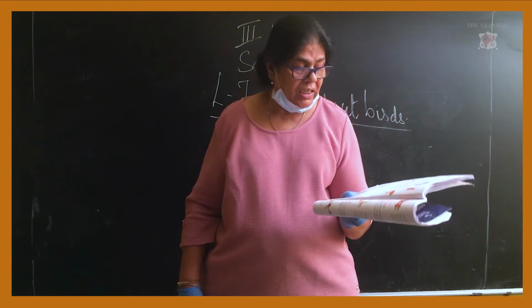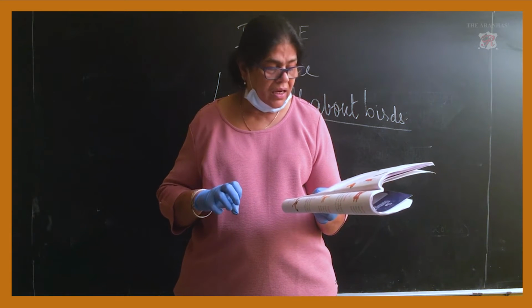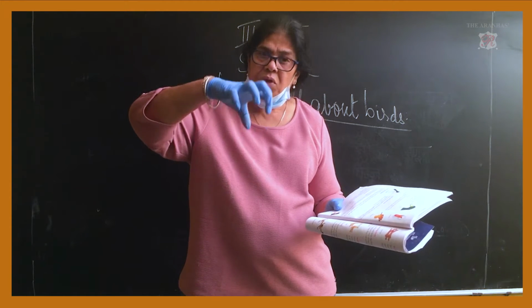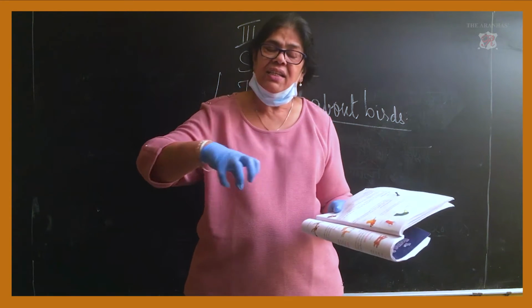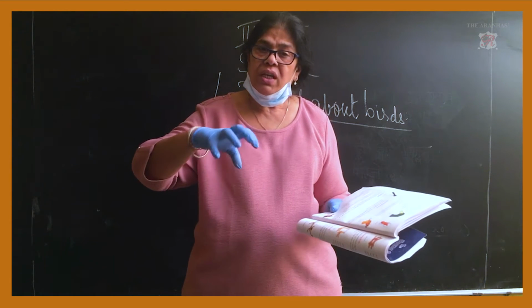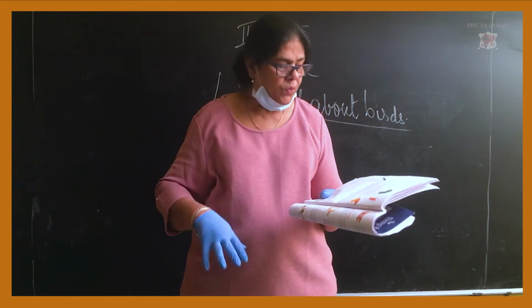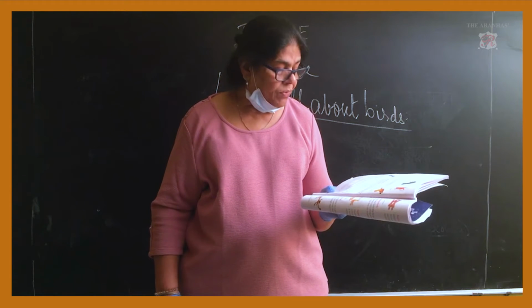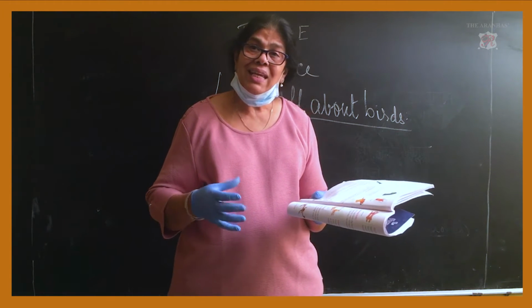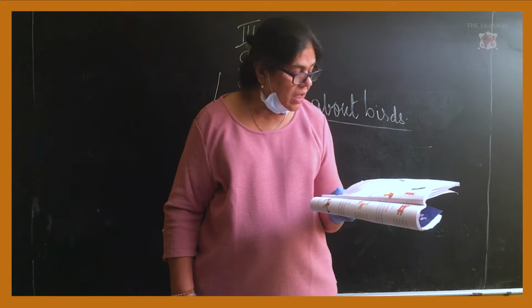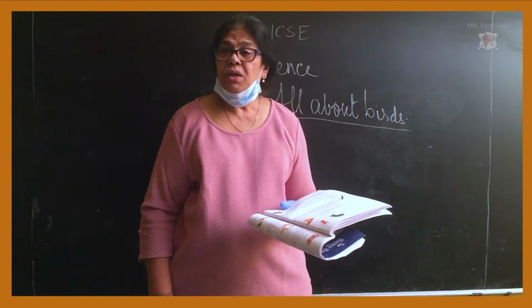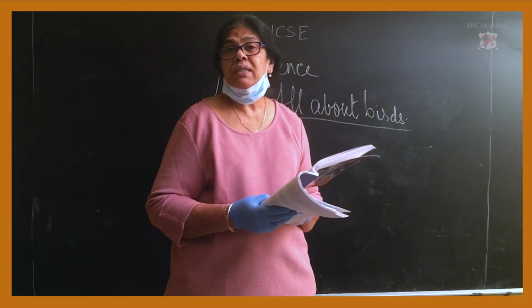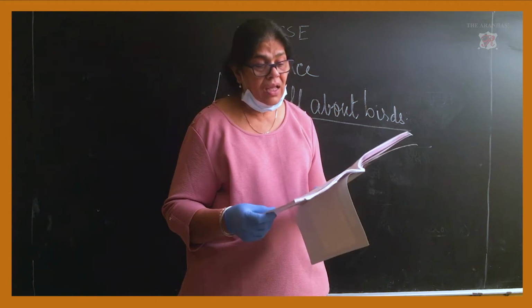Eagles and other flesh-eating birds have sharp and curved claws, because they hold on to things and tear flesh, or grab their prey with the claws. Prey is the animal that they kill to eat. These claws are called talons. What are they called? Talons.